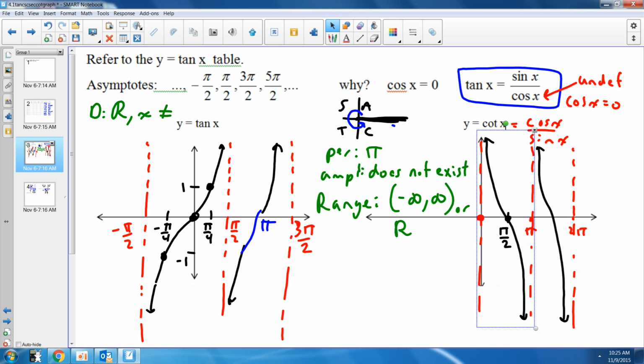X does not equal, let's see, -1/2 pi, +1/2 pi, +3 pi over 2, +5 pi over 2.